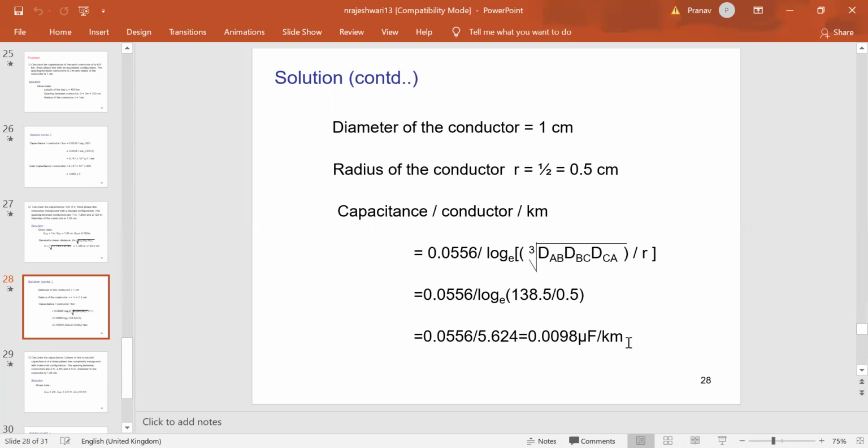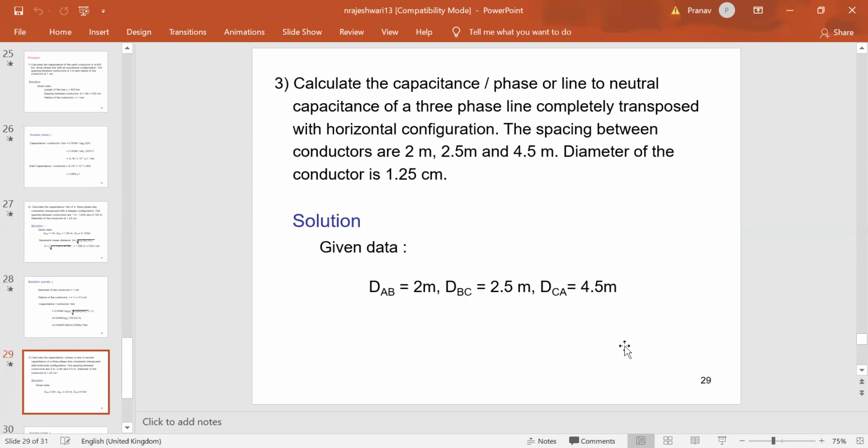And coming to the next problem, calculate the capacitance per phase or line to neutral capacitance of a three-phase line completely transposed with horizontal configuration. The spacings between the conductors are 2 meters, 2.5 meters and 4.5 meters.